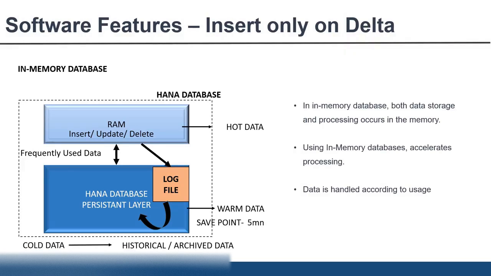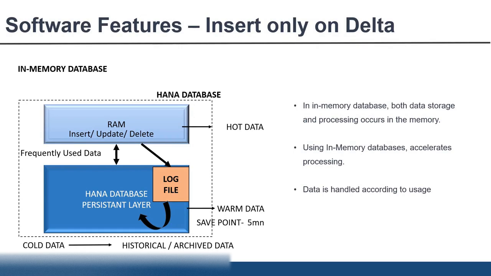So what is the use of this log file? When the user is doing the changes in hot data, at the same time those changes are getting recorded in a log file. So suppose in between the connection goes off, you are still safe because the changes have been recorded in the log file. The system records the changes in the log file before the connection goes off, and when the connection resumes, the persistent layer will first read the log file.